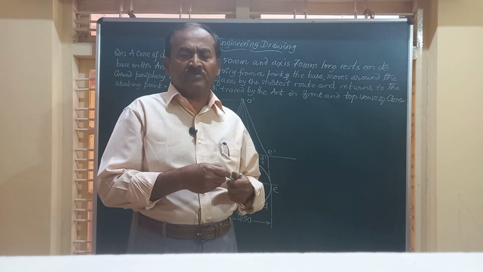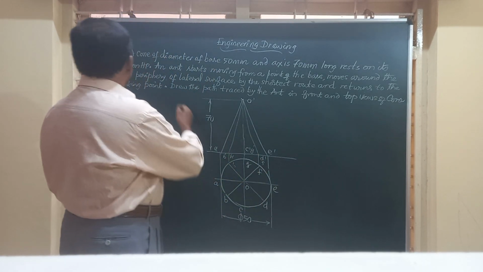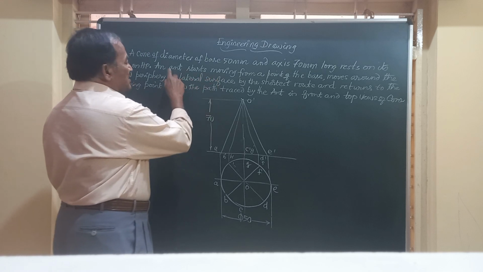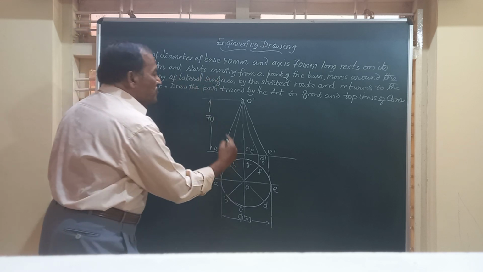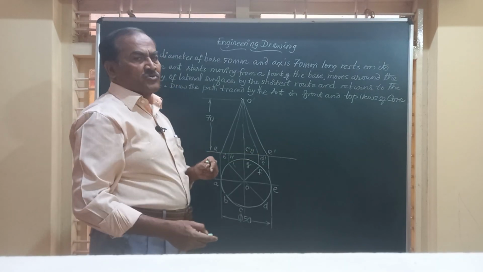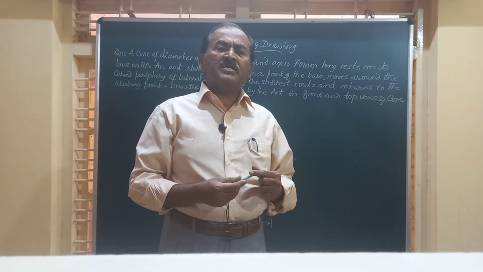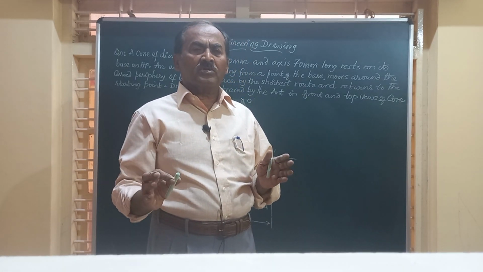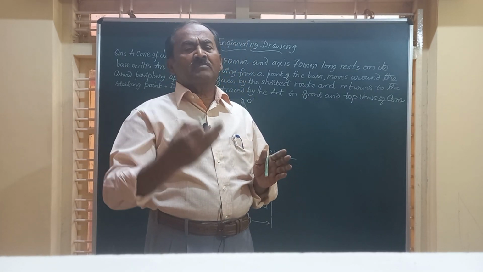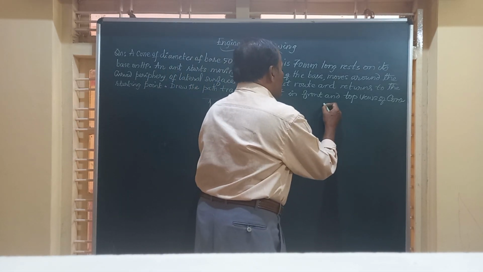We have done a lot of such problems. Now the question is, there is an ant. It starts moving around the periphery by taking the shortest route. So friends, we will draw the development of the cone without being cut by any section plane. Further, we have the formula.